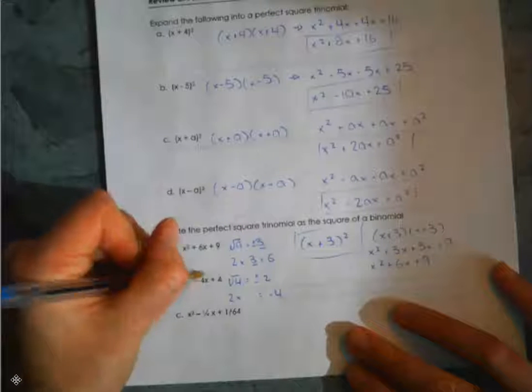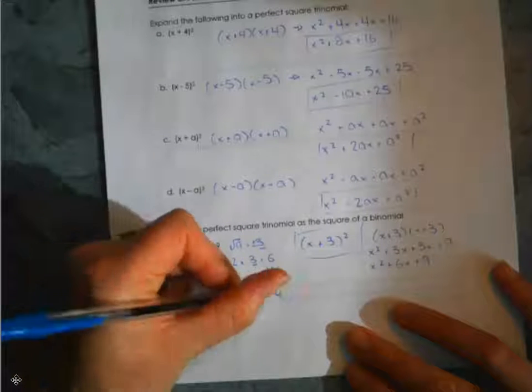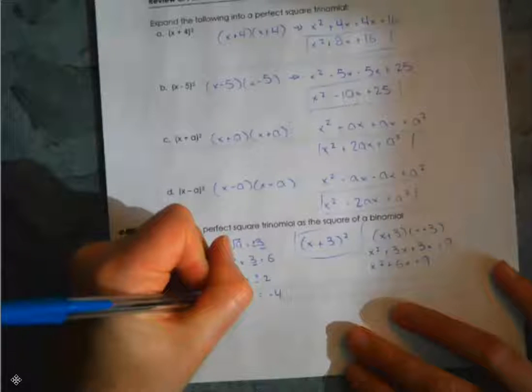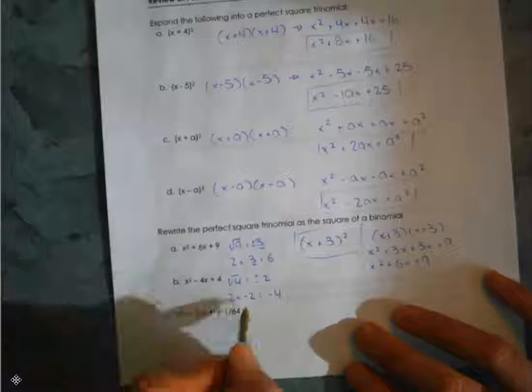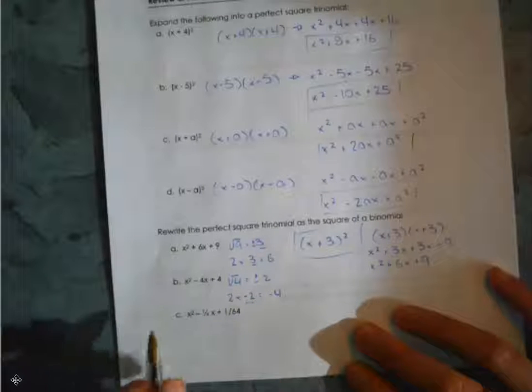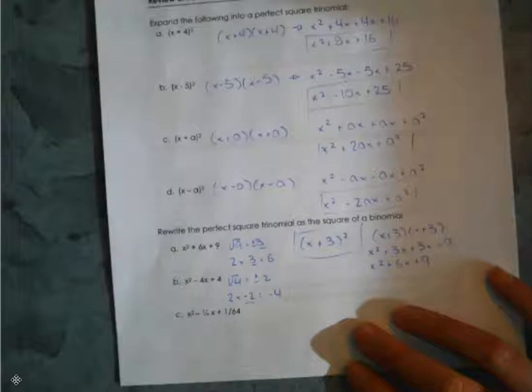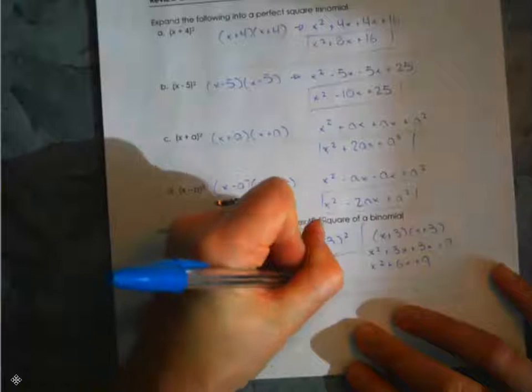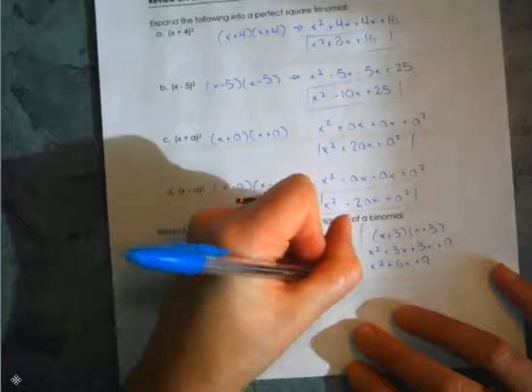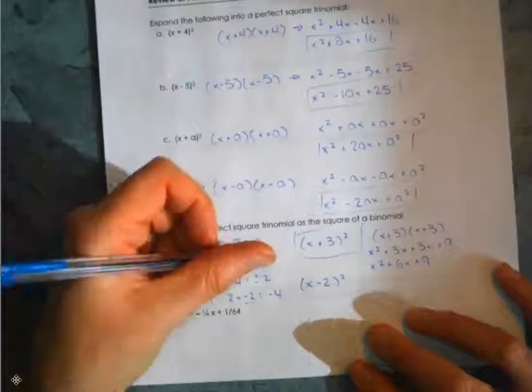The negative goes together with it. So 2 times what gives us negative 4? Well, it has to be times negative 2, right? So our value is negative 2. And so if we have x squared there, then how we're going to write that is x minus 2 and then square the bracket. Okay.